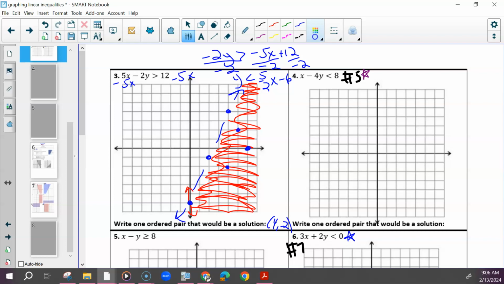That works. And someone else? Or I can pick someone. 6.